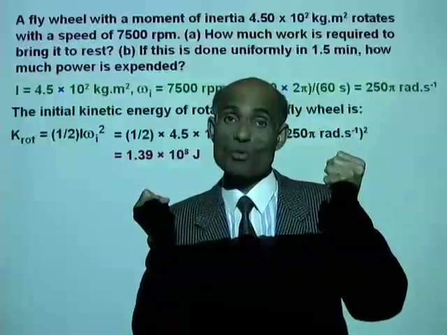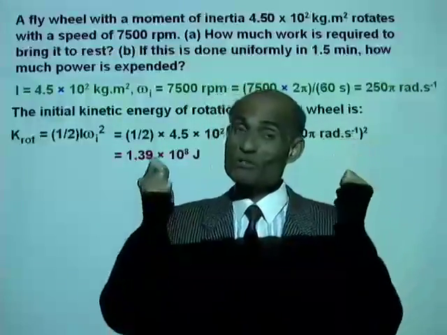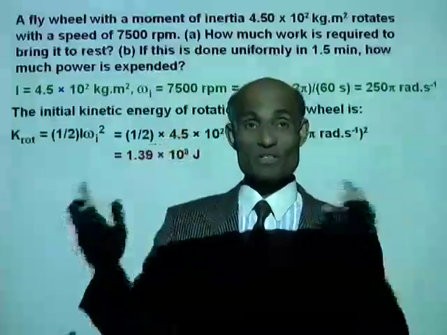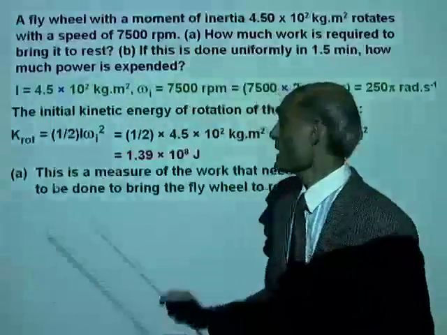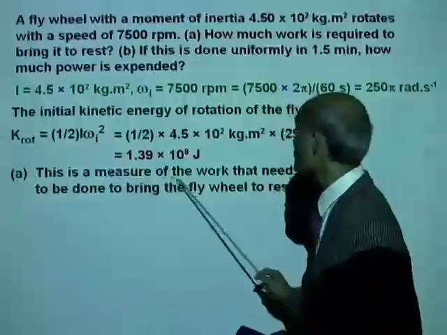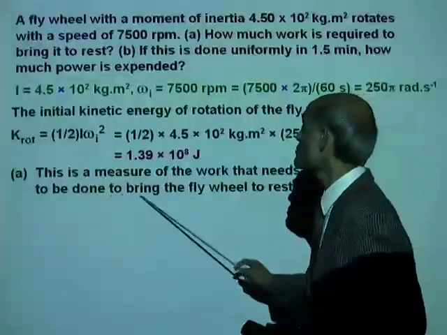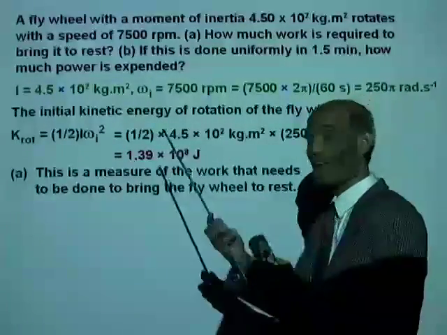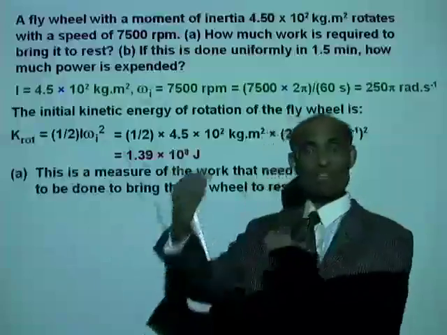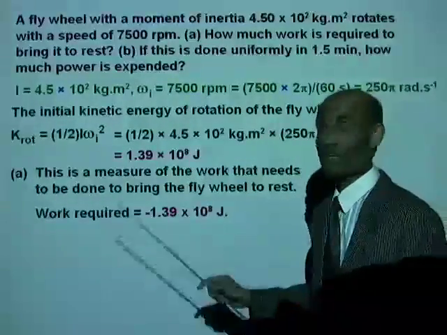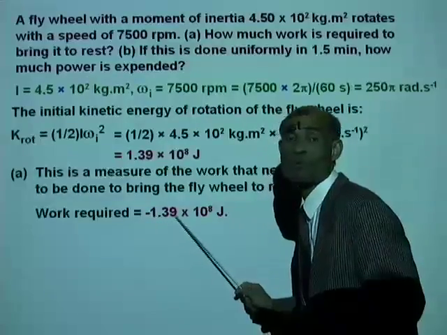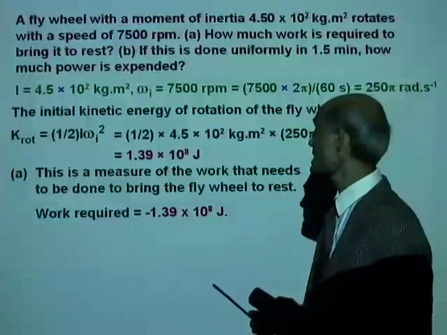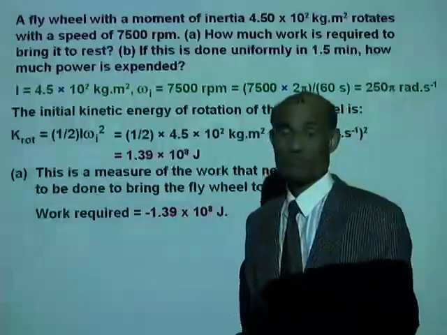What is the amount of work you need to do to bring it to rest? It is the opposite of this quantity. This is a measure of the work that needs to be done to bring the flywheel to rest, but in the opposite direction. So the work required is negative 1.39 times 10 to the 8 joules.